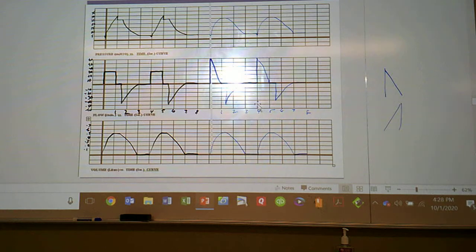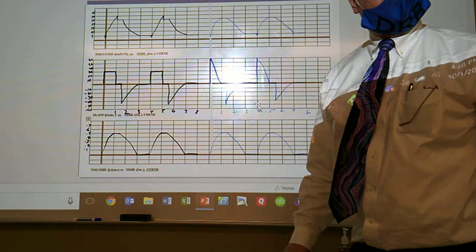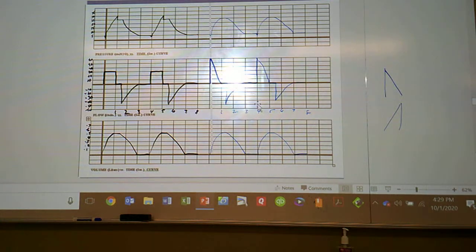And my peak is 25, so I went to 25, and my plateau is 25. It's kind of weird. Usually you see the little chair with the seat. It's kind of different.